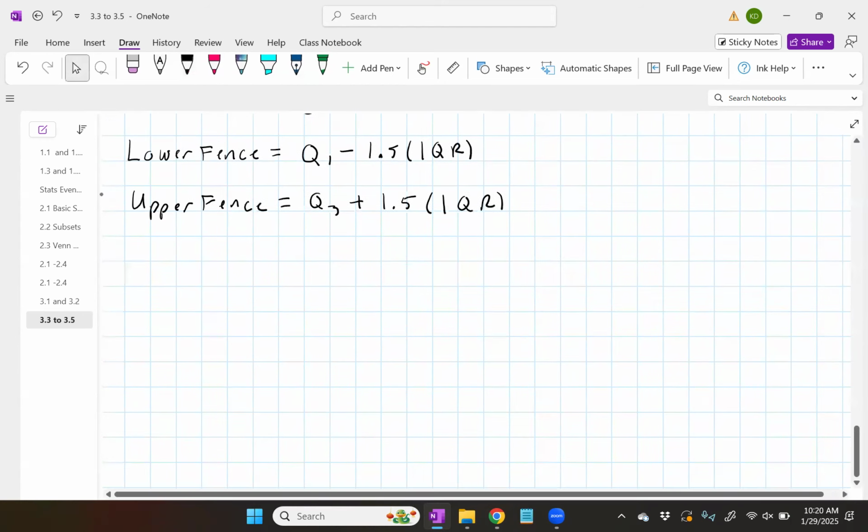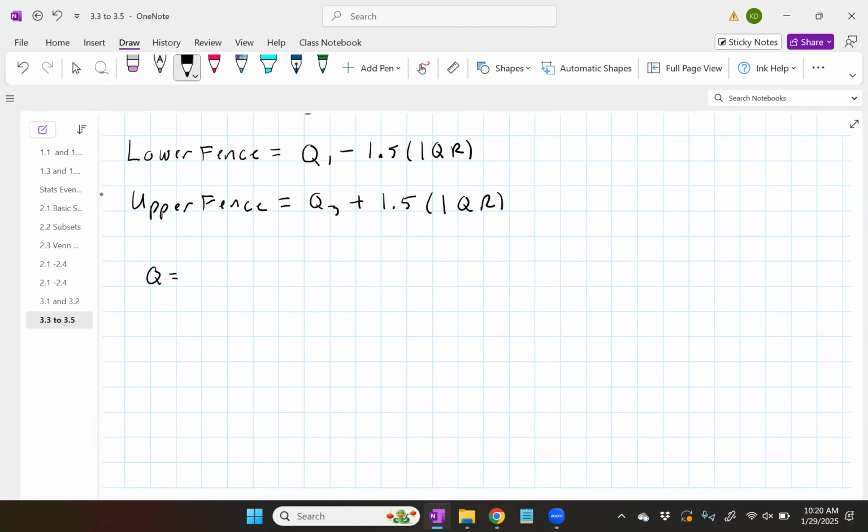So for our data set we just used, our Q1 was 735. Why can I never write the 1? There we go. Q3 is 4668, and our IQR was 3933.